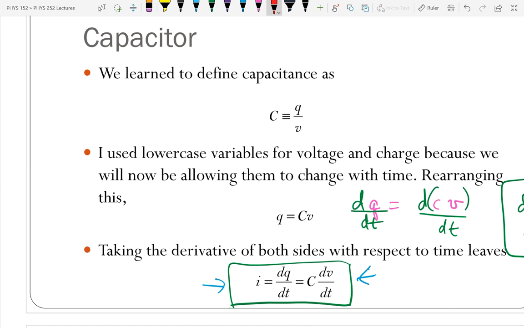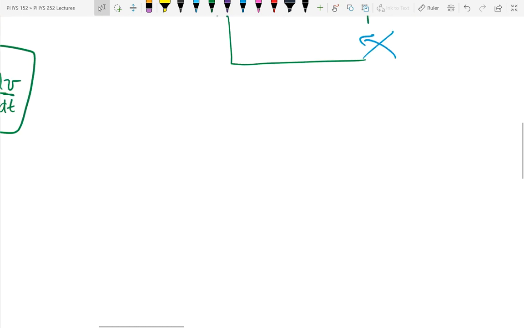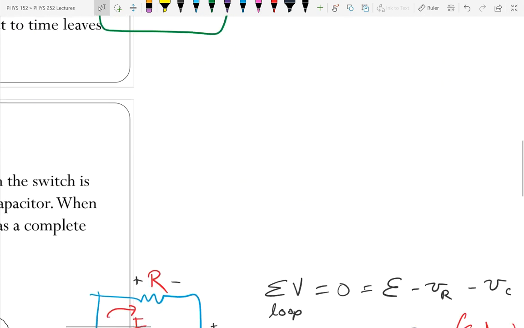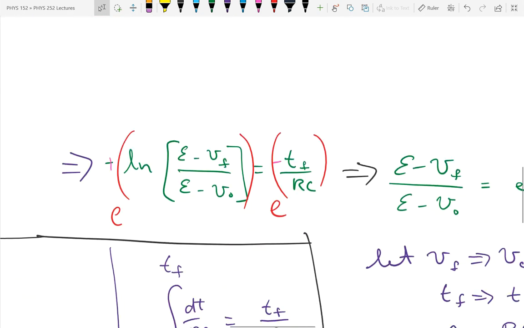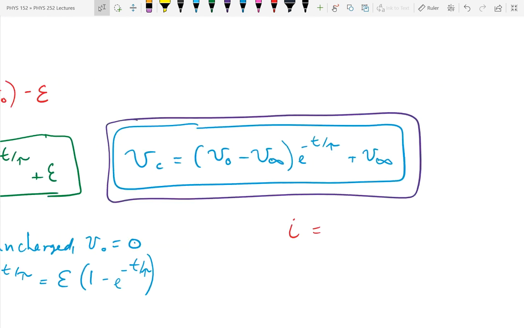All I have to do is take the derivative and I'll have my current. So I is equal to C dV dt. So I just take the derivative of that.